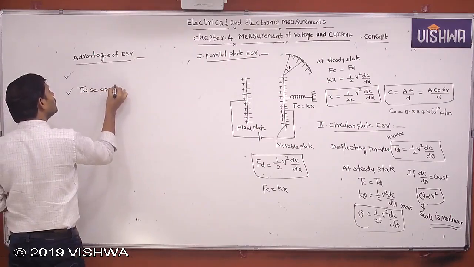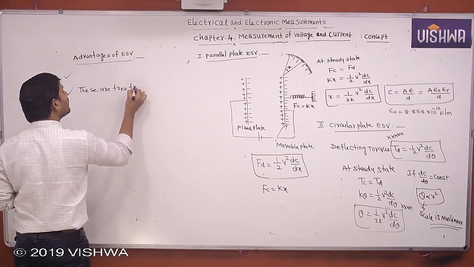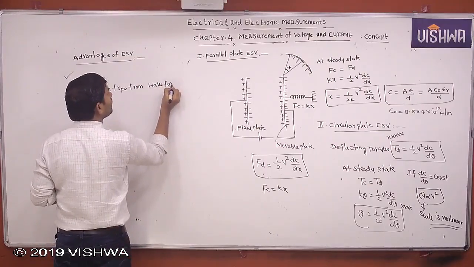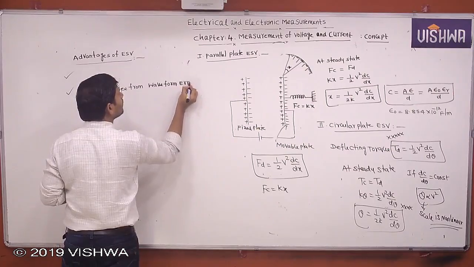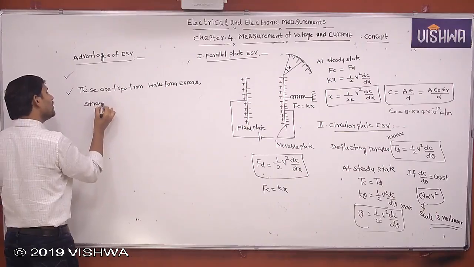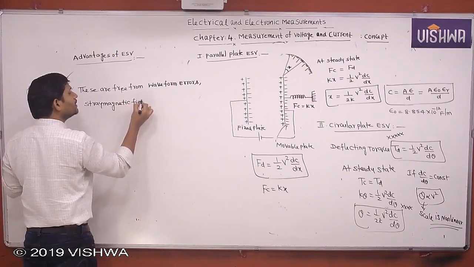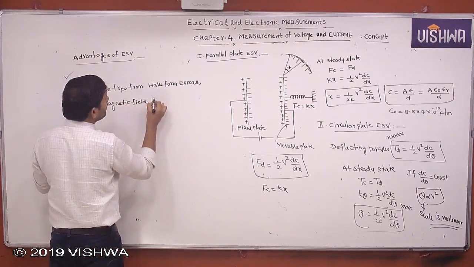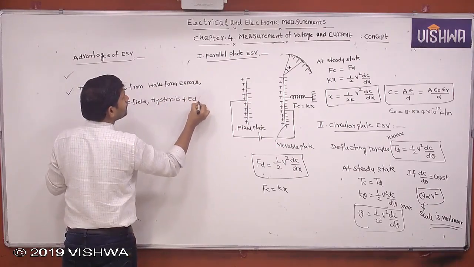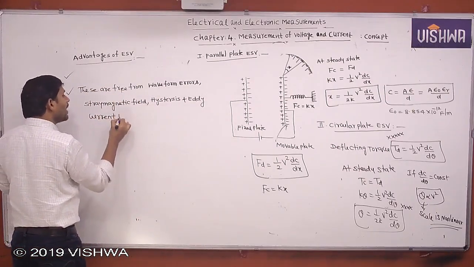waveform errors, stray magnetic field errors, that is external magnetic field errors, hysteresis and eddy current errors, because there is no magnetic field here.